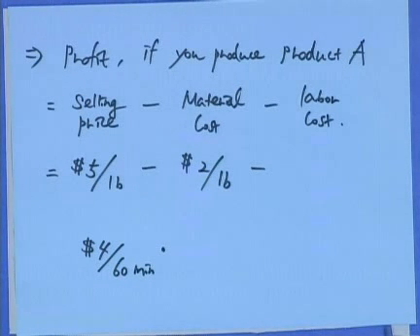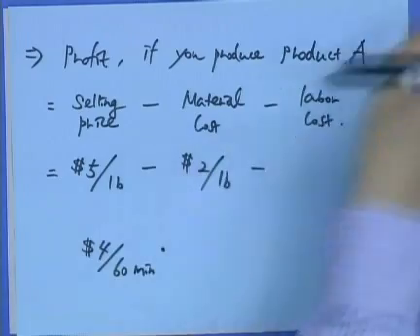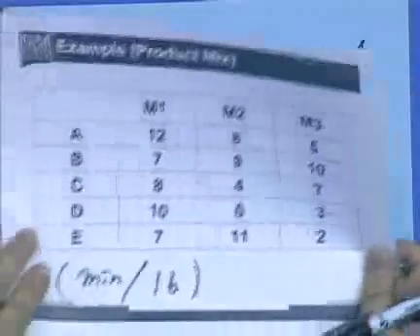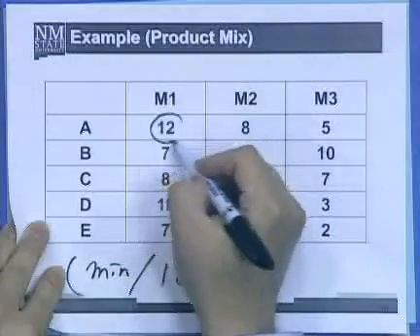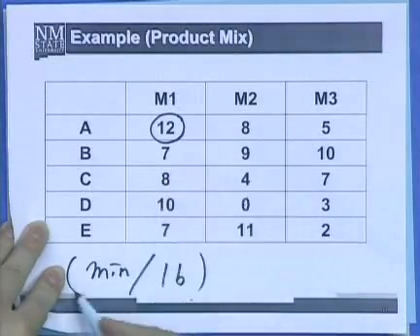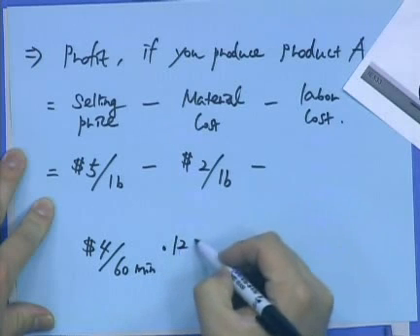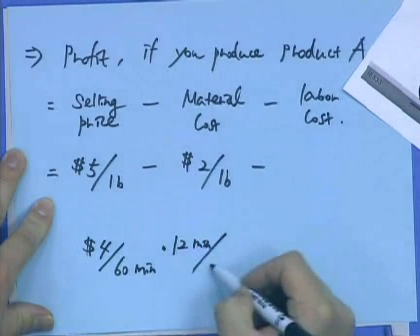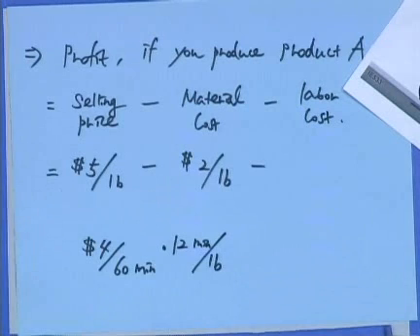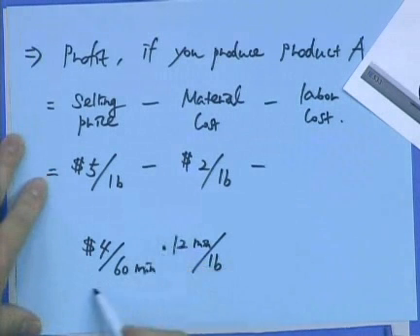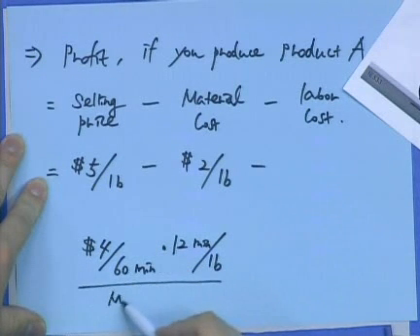And this must be multiplied by 12 minutes per pound. This is for machine number 1.